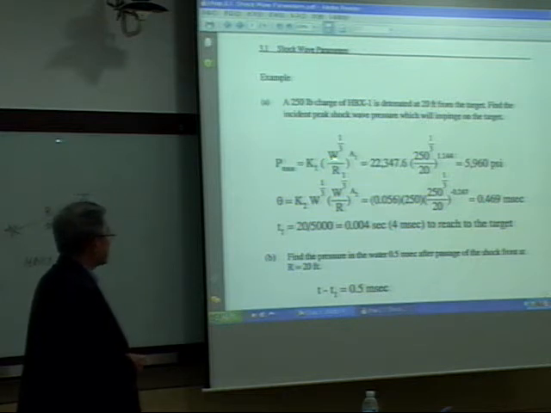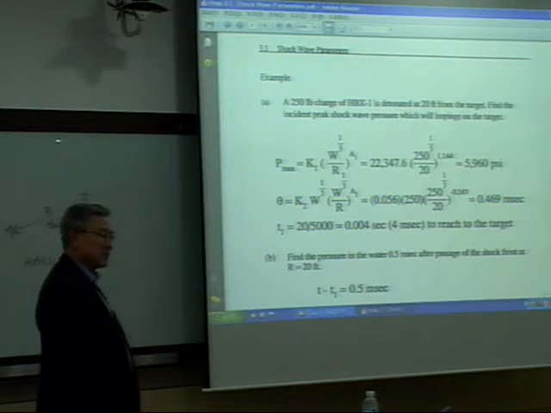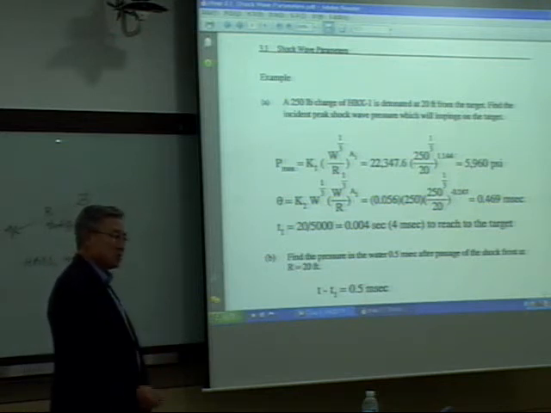So Pmax for 250 generates 6,000 psi, tremendous, at the distance of 20 feet. 20 feet divided by 3, about 6-7 meters, which is roughly the distance that the torpedo explosion occurred in the Cheonan naval ship. Tremendous.